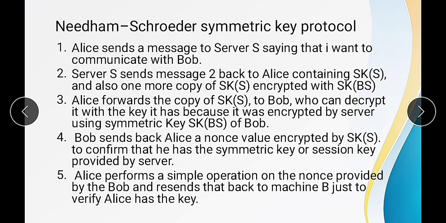So the steps are given here. First, suppose we have two users, that is sender and receiver, and as usual Alice is the sender who will send the message, and the receiver is our Bob. So Alice sends a message to the server S, saying that I want to communicate with Bob.